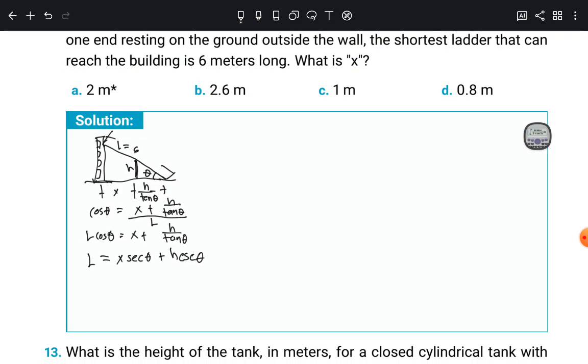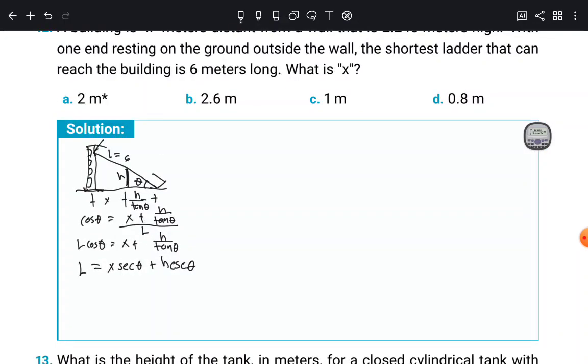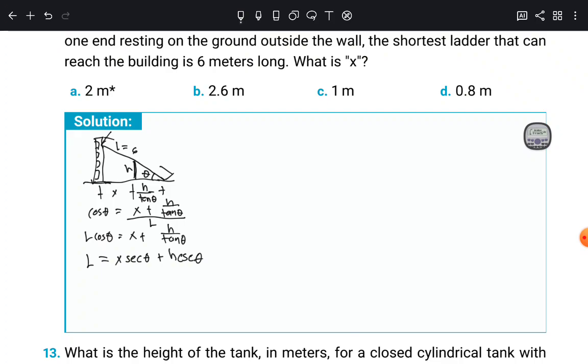So if we assume that L, again, if we take the derivative of that with respect to theta, x is constant. Remember, x is constant, it's not moving. We are solving for that L, but it's given.